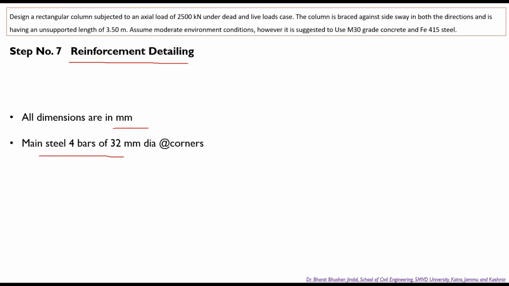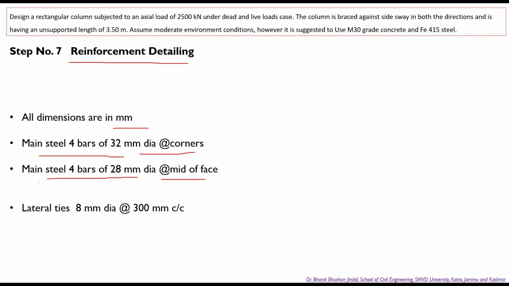Main steel, that is longitudinal steel, is 4 bars of 32 mm dia, which we will be providing at the corners of the section. And another 4 bars of 28 mm dia we will be providing at the mid of each face of the section. And the lateral ties of 8 mm dia at a center to center spacing of 300 millimeter.